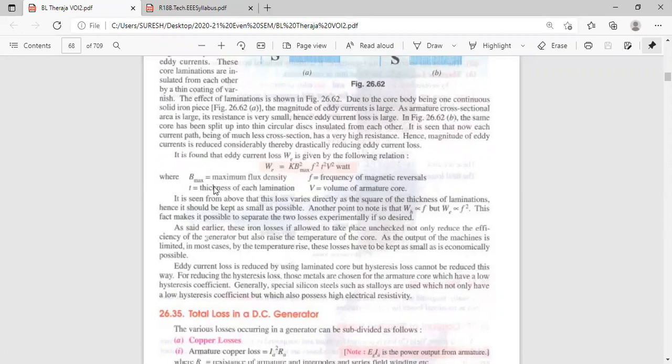What is T? See here they have given thickness of each lamination. T is the thickness of each lamination. Now can you tell me what is WE? WE is proportional to what?